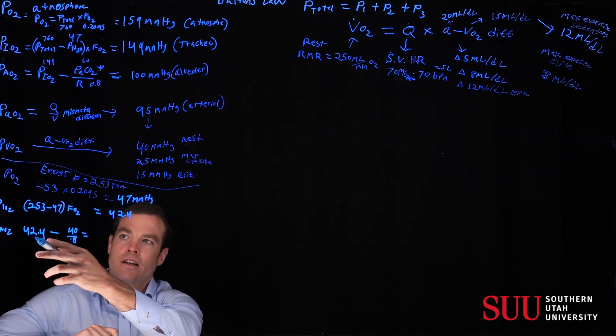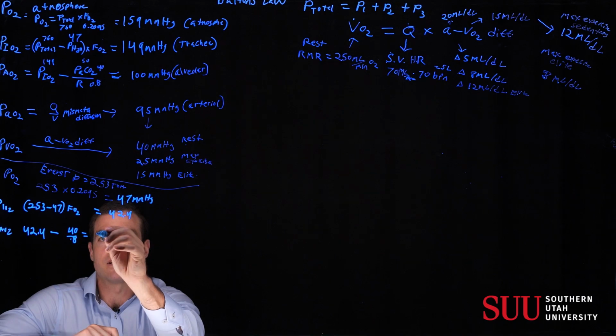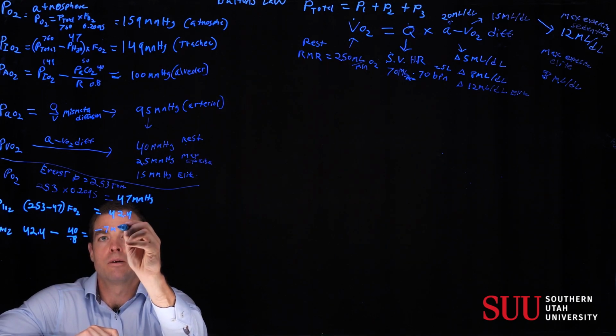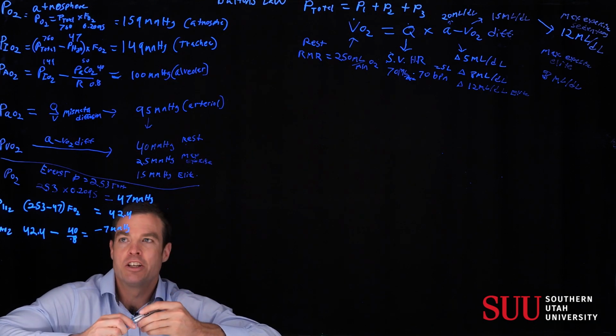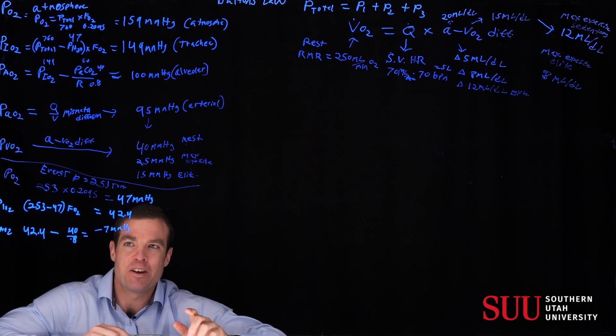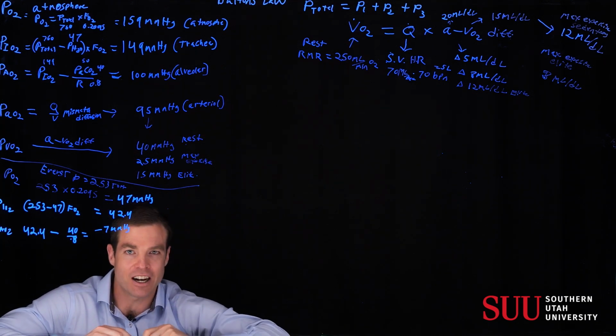That's going to give you a negative 7, right? Negative 7 millimeters of mercury. You would die. You would not be able to live because you have a negative partial pressure of oxygen.